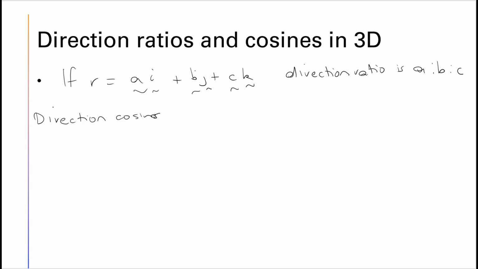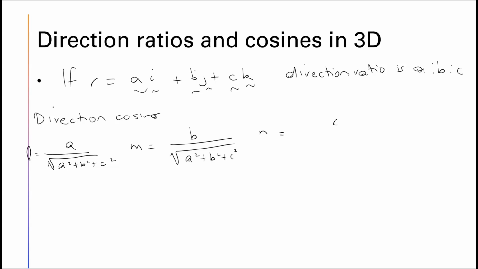would just be that L equals a over the square root of all of the squares, and m is equal to b over all of them, and n is c over all of them.